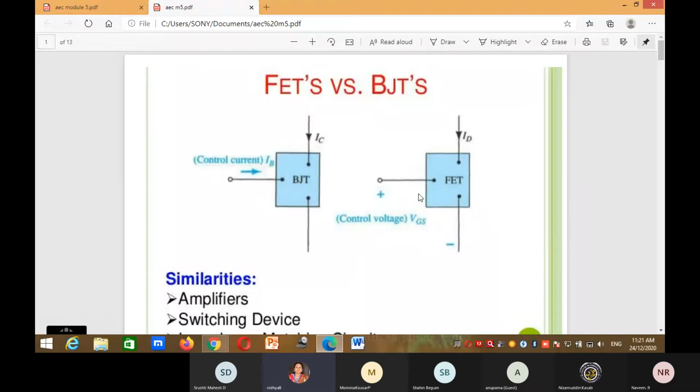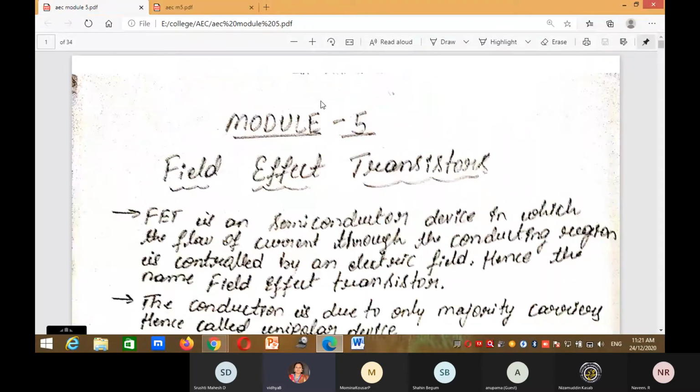Next, FET is a voltage control device. Why do we call it FET? Do you think about why the name is field effect transistor?